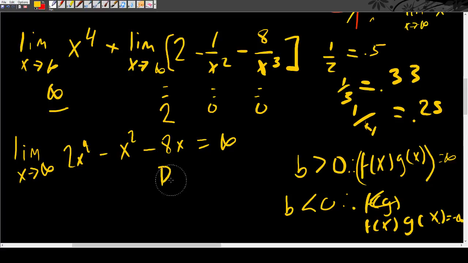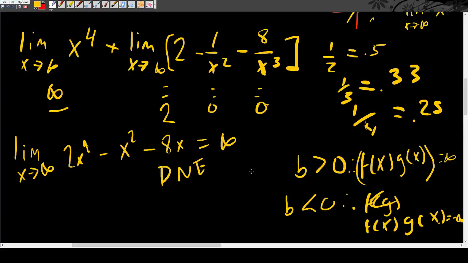Or, as the AP exams like to say, does not exist. Even though that's not true at all, they go willy-nilly between whether infinity counts as does not exist, or negative infinity counts as does not exist, or whether it actually exists. On AP exams, they use both.